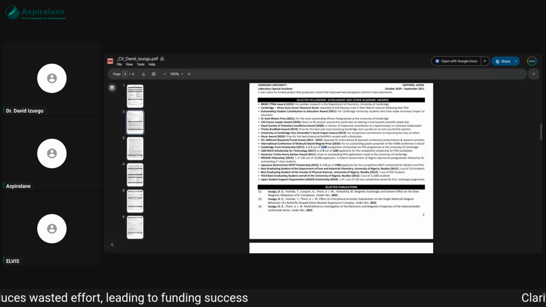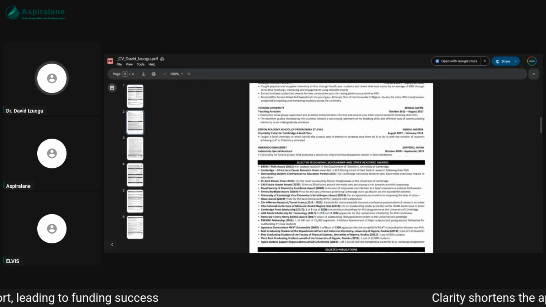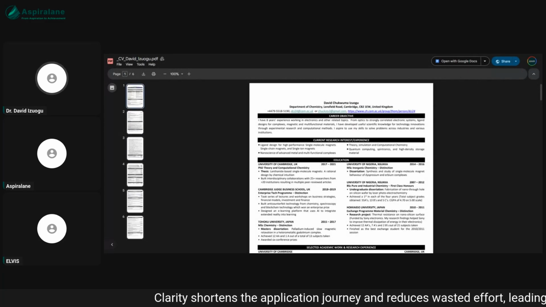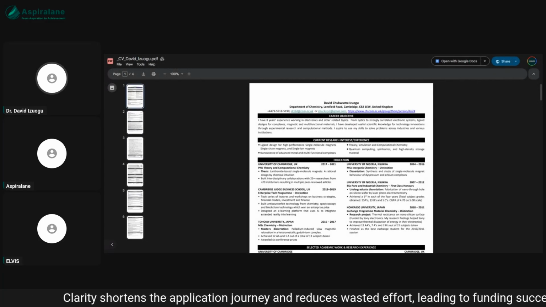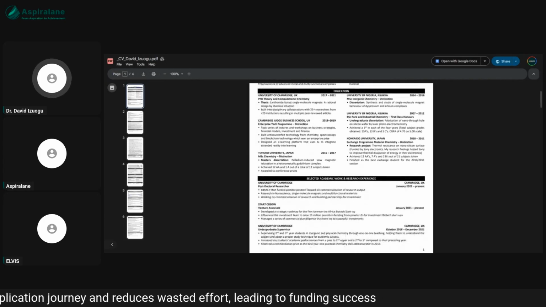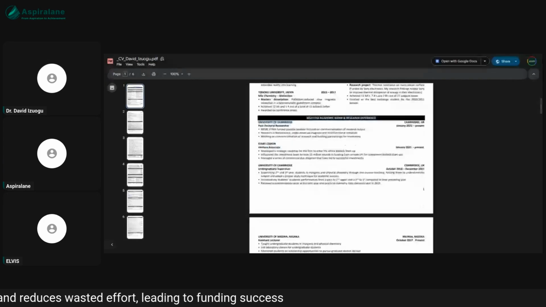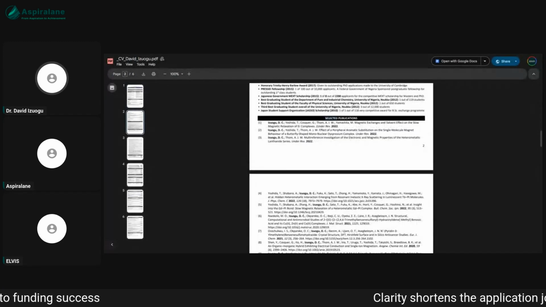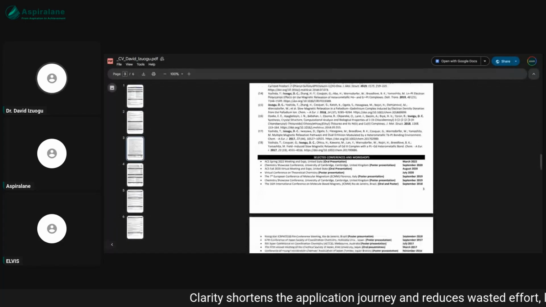Okay. So these are some of the examples of how you can clearly structure. If I give you this CV, you don't even need to read the content. Just reading these headings that you have here will tell you where you want to focus. Selected fellowship and scholarship, publications, you've just seen it, a list of 18 publications.